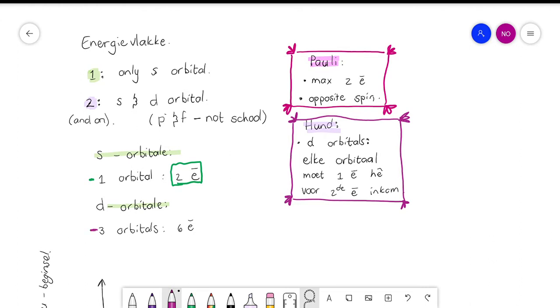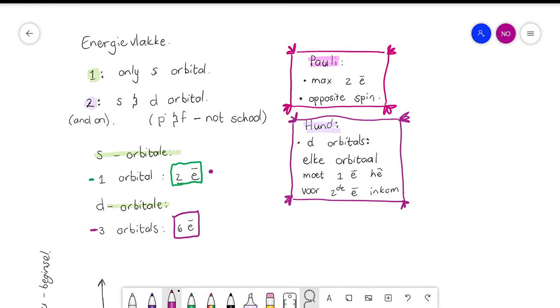Met ander woorde, 6 elektrone in ons d orbitale per energievlak. Okay, so on energy level 1, remember we only have s orbitals, so we'll have a total of 2 electrons. But from energy level 2, we have the 2 electrons in the s orbital as well as the 6 electrons in the d orbitals. So 8 electrons in each energy level.